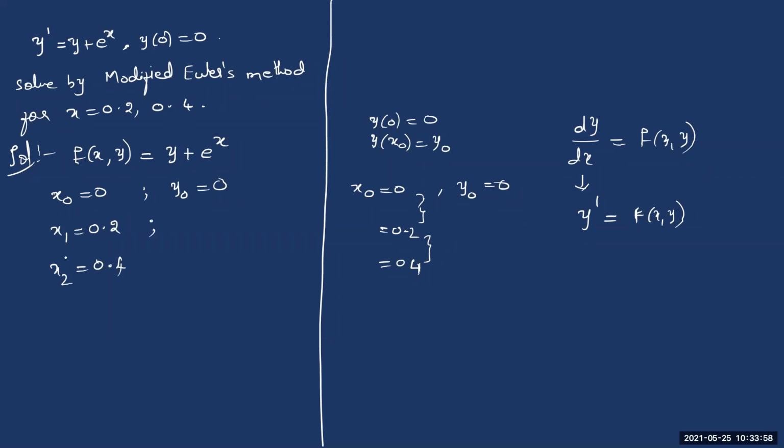Now if you calculate the function value at x1, you can write it as y at x1 or y1. So you are interested in calculating y1, and similarly you are interested in calculating y at x2, which we take as y2. So this is your question: you are trying to calculate both y1 as well as y2 here.